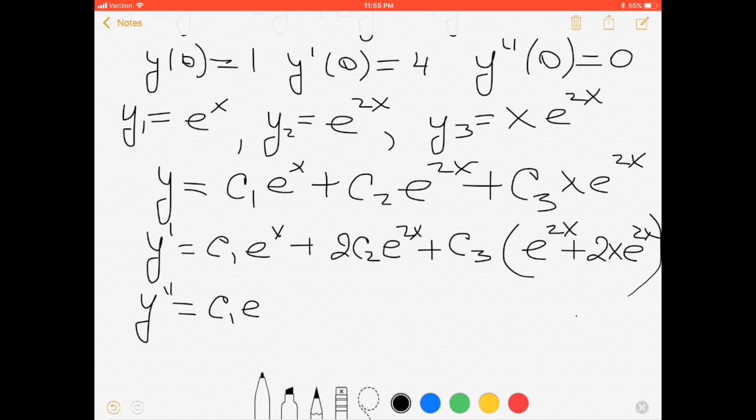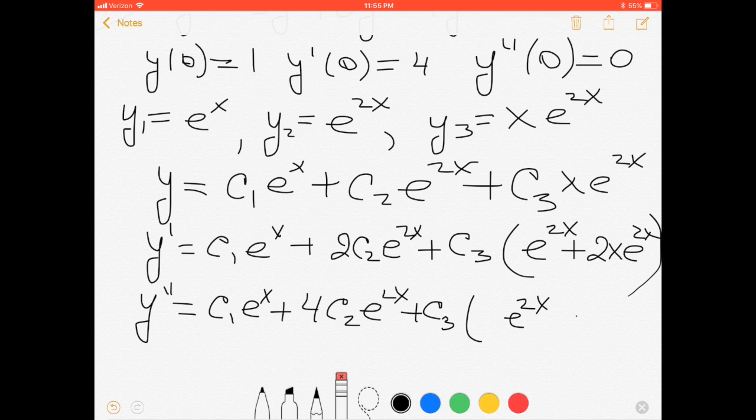Second derivative we have c1 e^x plus 4c2 e^(2x) plus c3 times (2 e^(2x) plus 2 e^(2x)). This means here I can write 4 e^(2x) plus 4x e^(2x). Okay.